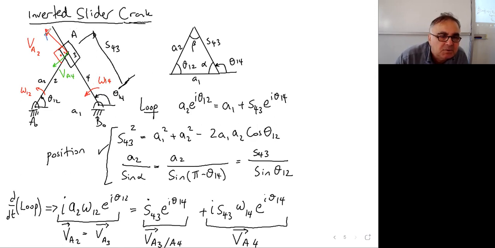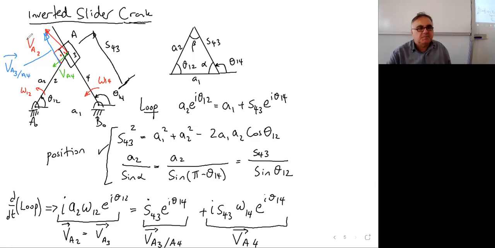VA2 has to be this thing. Well, supposedly this and this are parallel. This is VA with respect to A4. And VA4 should not be this long. It should be a little bit shorter.